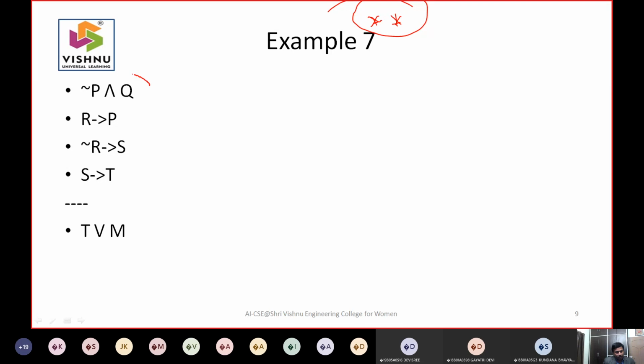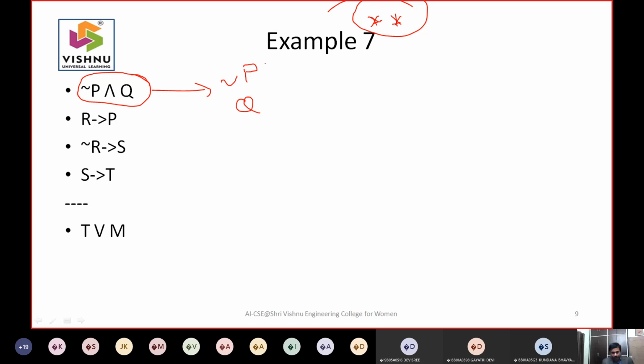So if you combine P and Q with and, what you can do is you can take either negation of P or you can take Q also, because it is combined with and. For simplification, you can take like that.